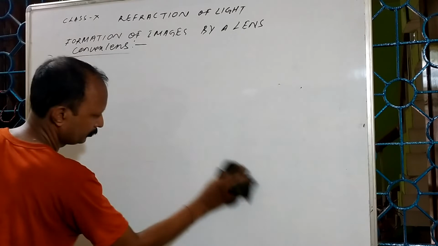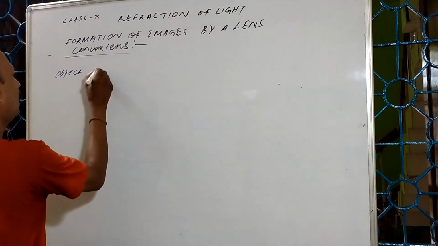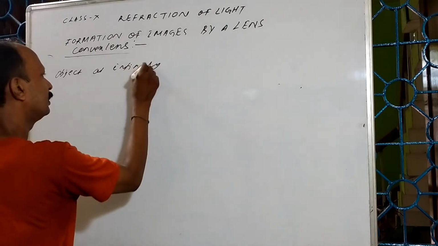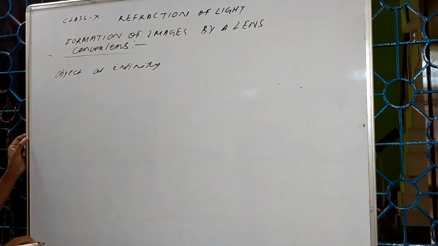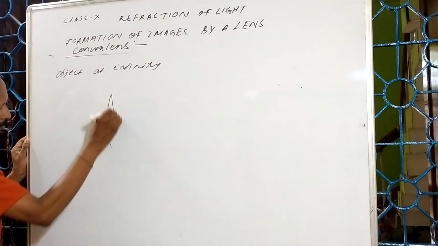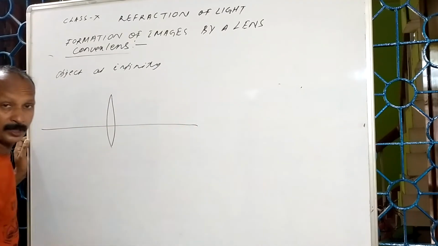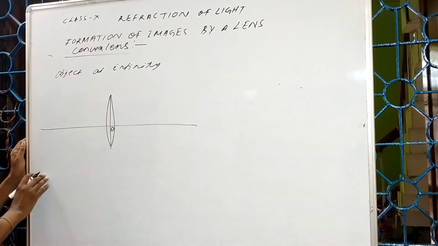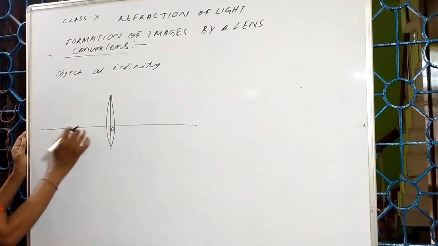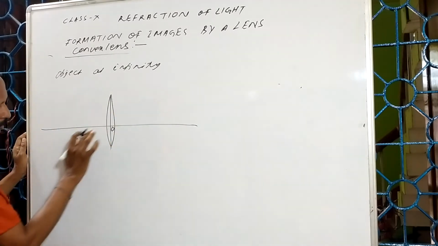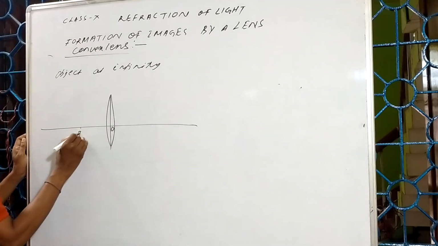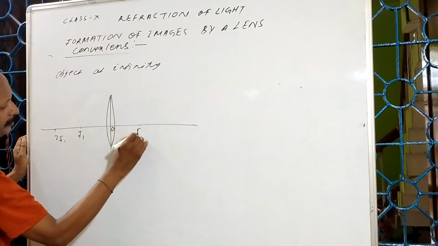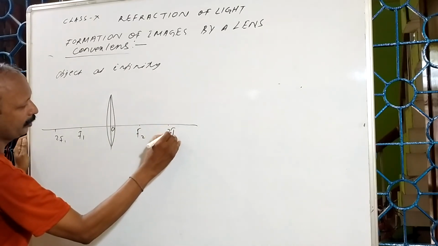Next one, object at infinity. This is the convex lens, principal axis, plane of the lens, optic center. The plane of the lens and principal axis are both perpendicular. Here is f1 to f1, f2 to f2.